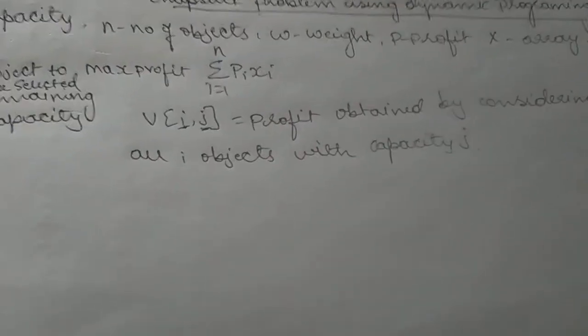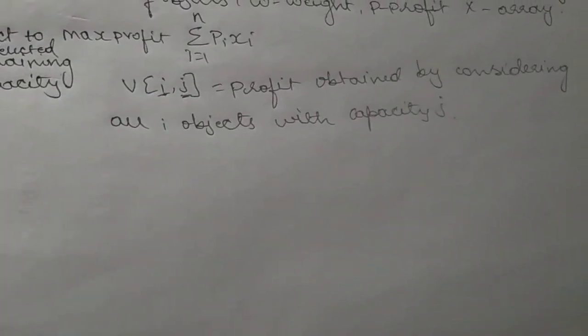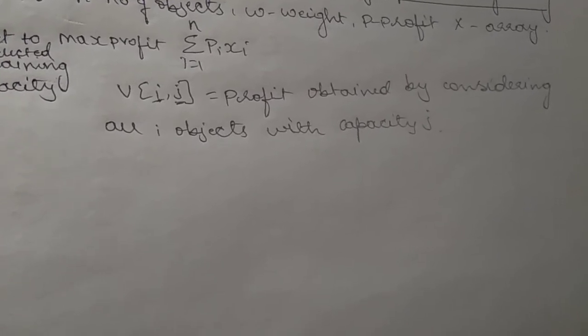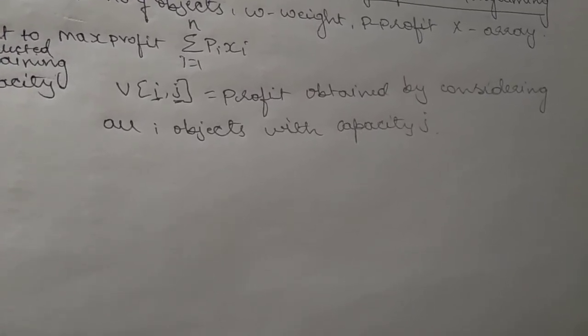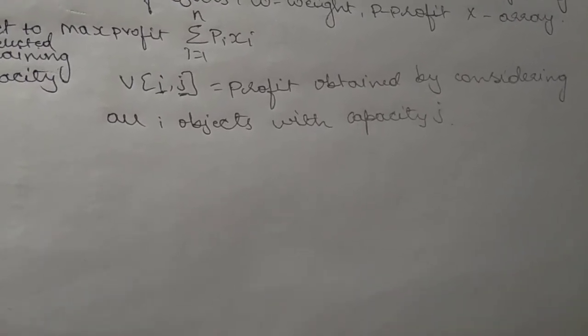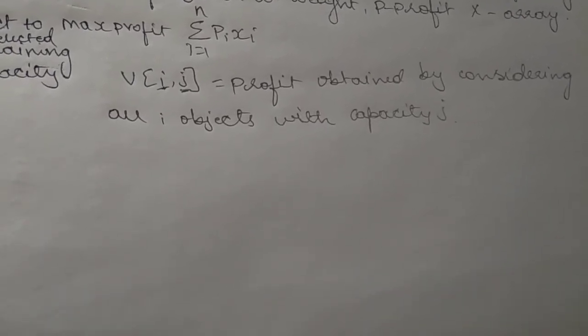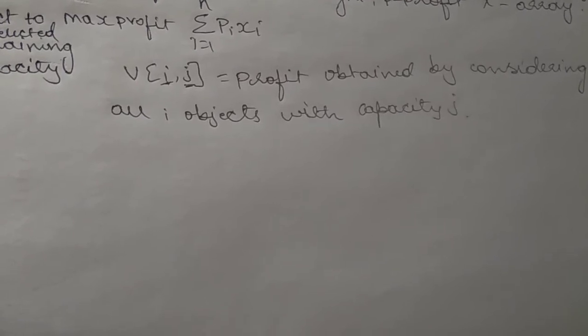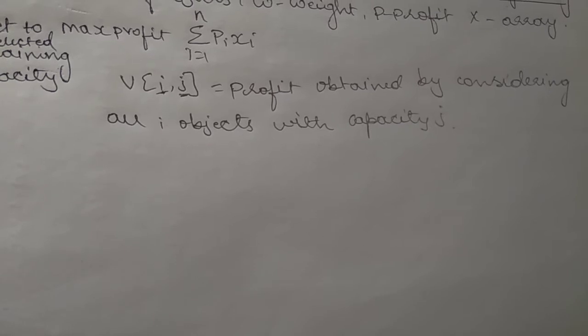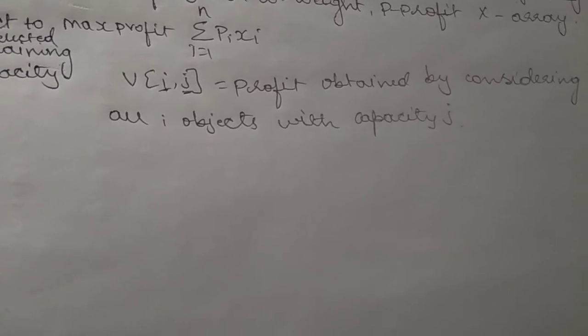And here previously in the greedy technique, we were checking whether the weight is greater than the remaining capacity or less than the remaining capacity. Is it not? If w is less than remaining capacity, we were directly putting it into the bag. If it is greater, then we were using the formula to divide it, and then putting it.